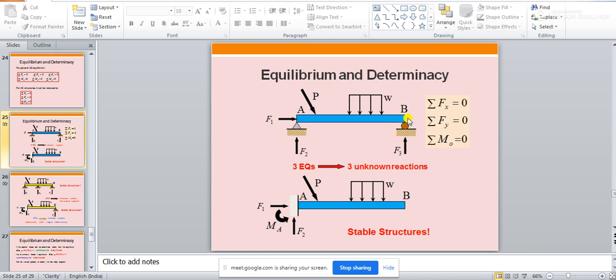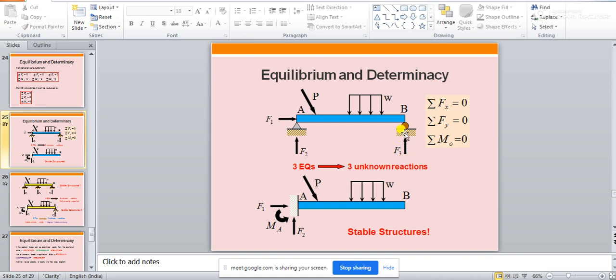There cannot be any horizontal force at the roller support. Why? Because at a roller support there can only be a vertical reaction, as in the horizontal direction it is free to move. So the only horizontal reaction will be at the pin support, and there will be a vertical reaction at the pin support and a vertical reaction at the roller support.